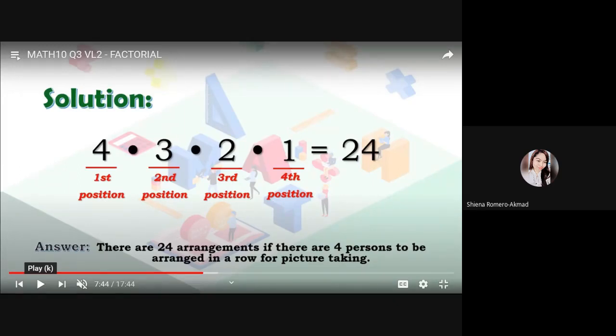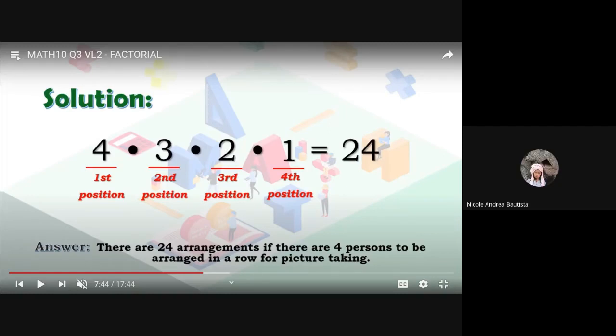And actually, kung titingnan natin yung mga numbers dito, we have 4, 3, 2, 1. Ano masasabi niyo sa kanila? May pattern po. Anong pattern niya? Descending. Tapos ano pa?